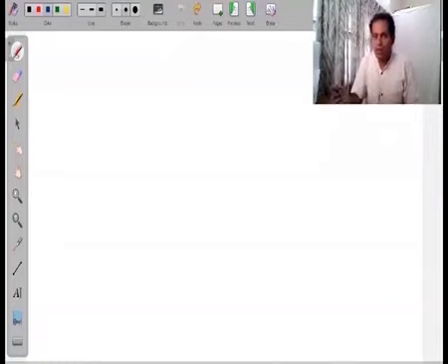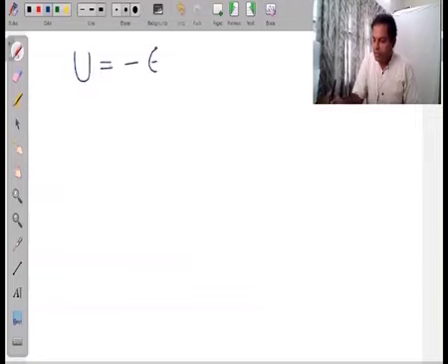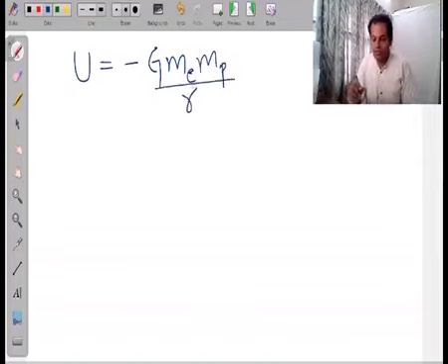Let us write down the expression for U. So U, which is the potential energy under gravitation, will be G m of electron mass of proton upon R, the gravitational potential.